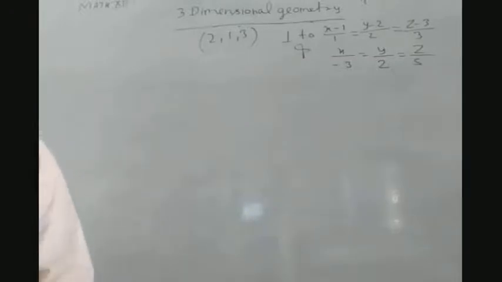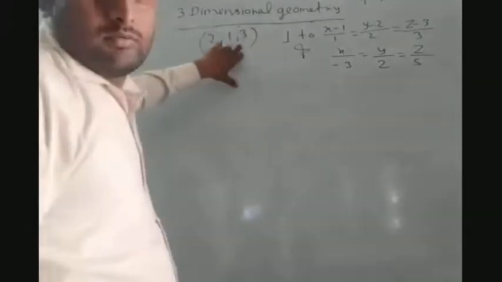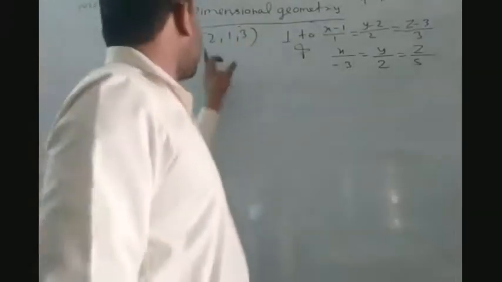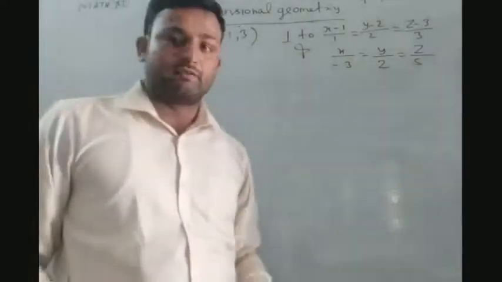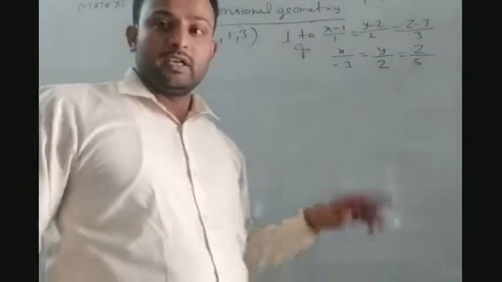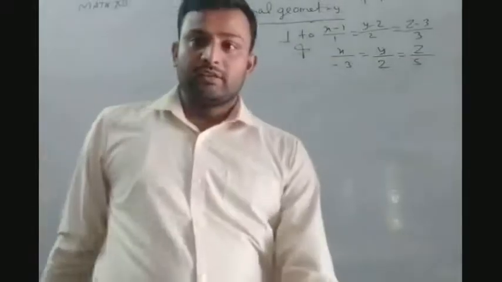So first we will find the equation of the line passing through this point. It will be (x minus 2) by a is equal to (y minus 1) by b is equal to (z minus 3) by c, where a, b, c are direction ratios.